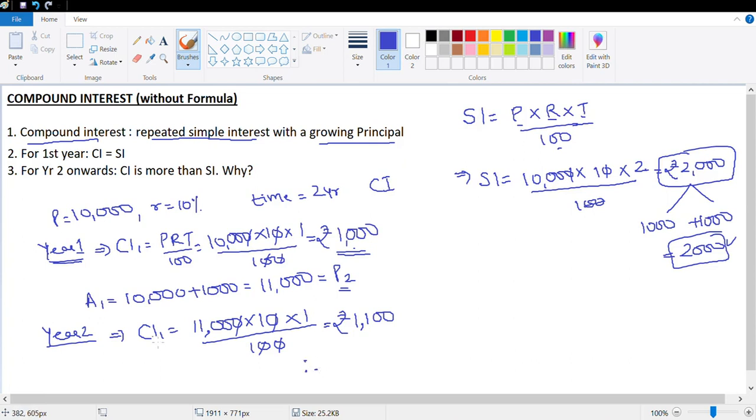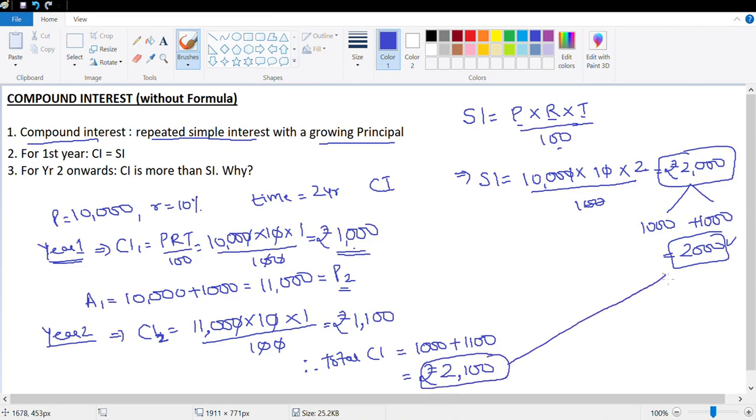This is CI2 because this is for the second year. Therefore, total compound interest will be equal to 1000 plus 1100, which is equal to rupees 2100. So notice there is a difference between CI and SI. That difference is in this scenario 100 rupees.